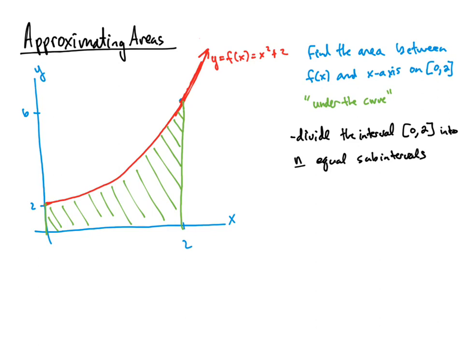We're going to divide this into some number of subintervals, and then once we do that, we're going to find individual areas and add them together.